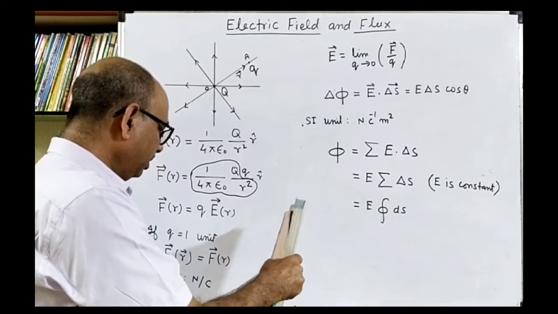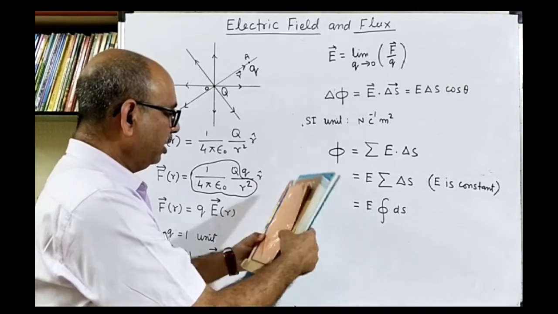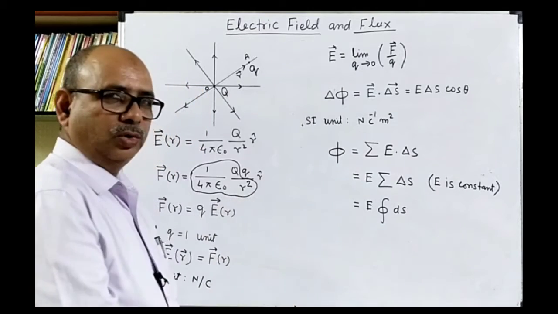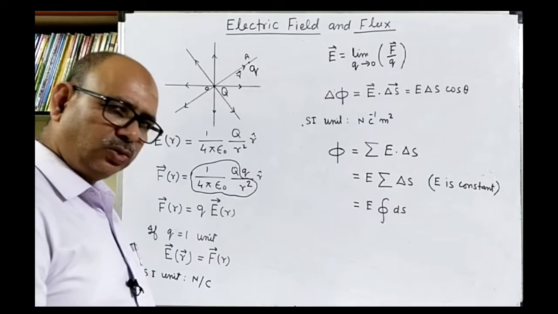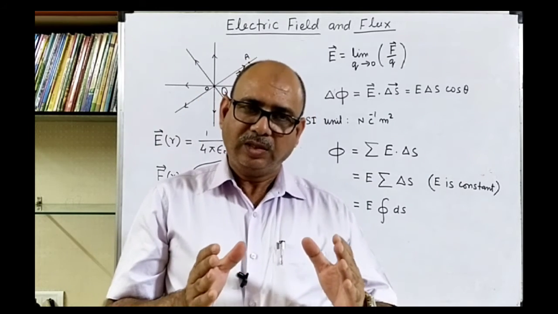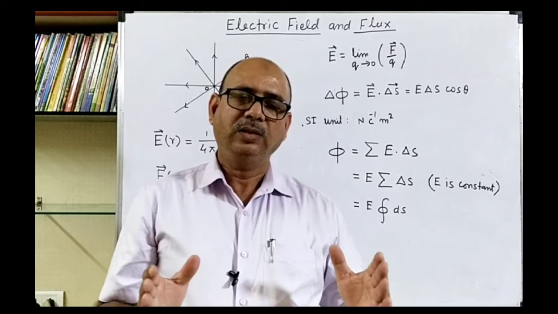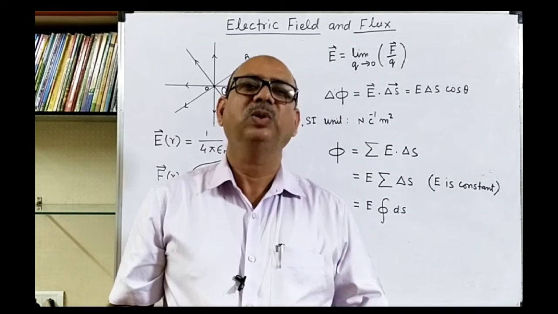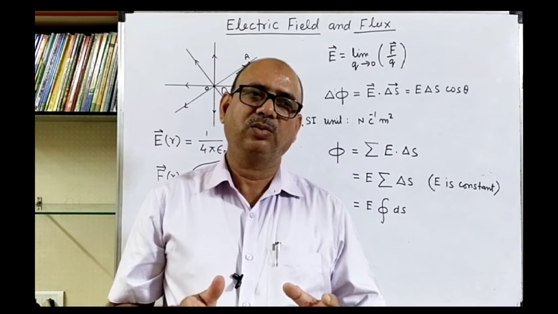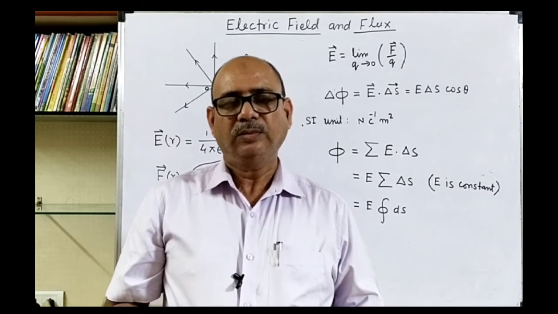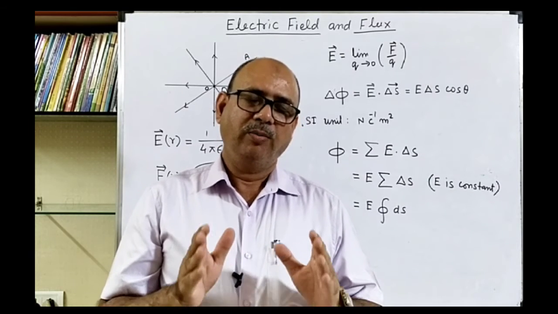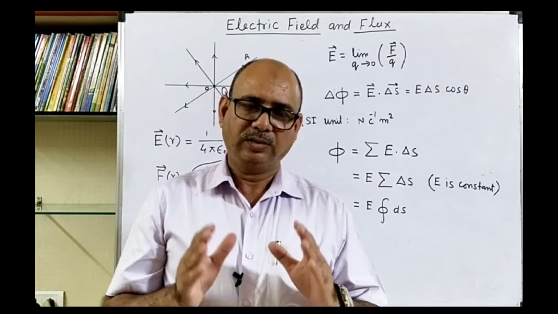If we further increase the surface, then more lines will cross the larger book. This shows that when the electric field is uniform and we increase the surface area, the value of electric flux also increases. That means electric flux is directly proportional to the surface area. So we can say that electric flux is directly proportional to both the magnitude of the electric field and the surface area.